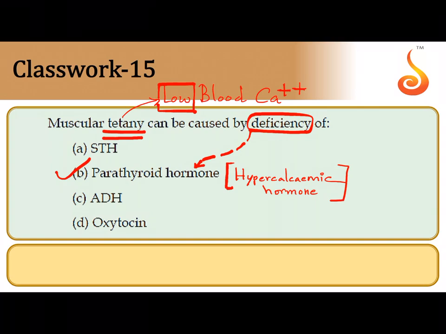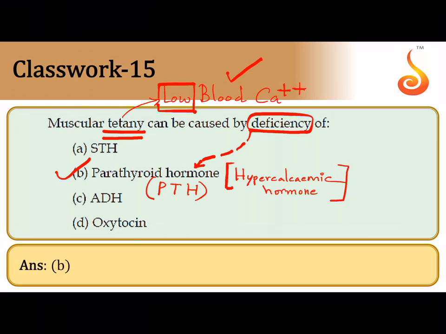The reason why parathormone is called hypercalcemic hormone is that its job is to increase your blood calcium level. And when you have less of parathyroid hormone, which is simply called PTH or parathormone, obviously your blood calcium level will come down, and that leads to a condition referred to as muscular tetany. I hope you remember that parathormone is responsible for increasing the blood calcium.